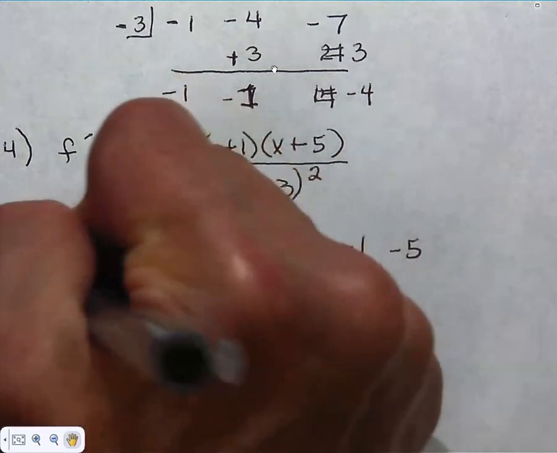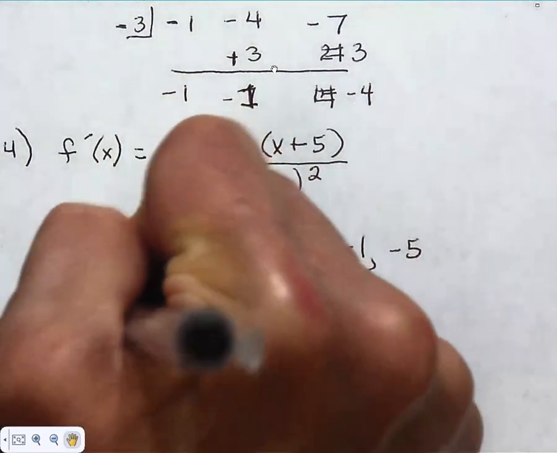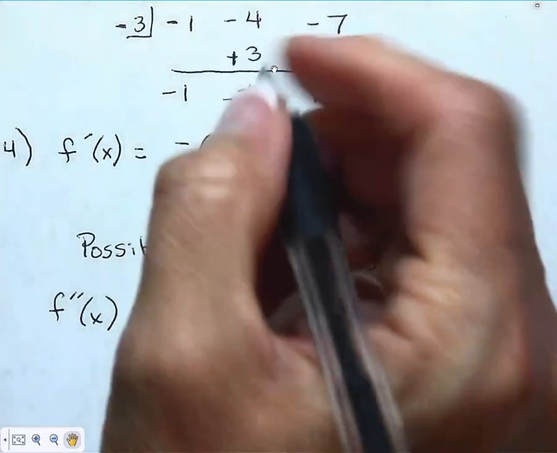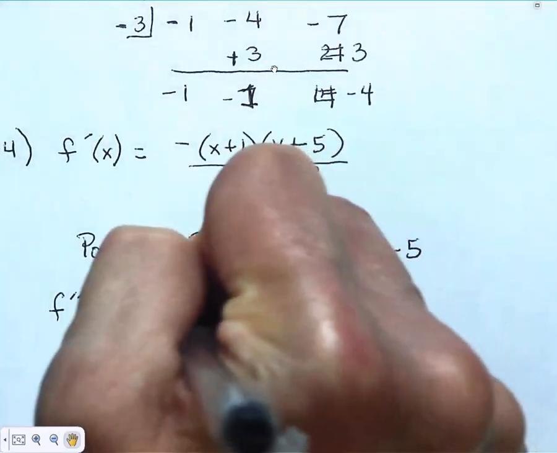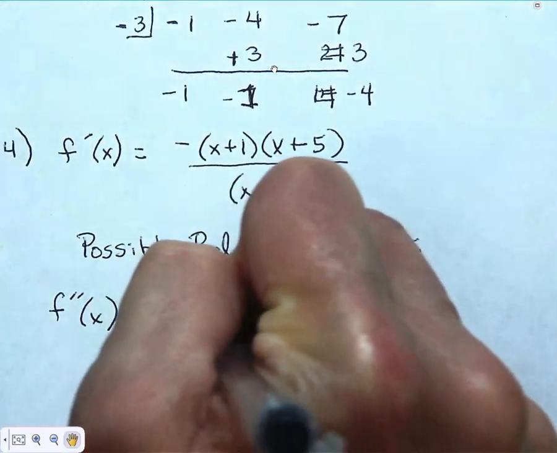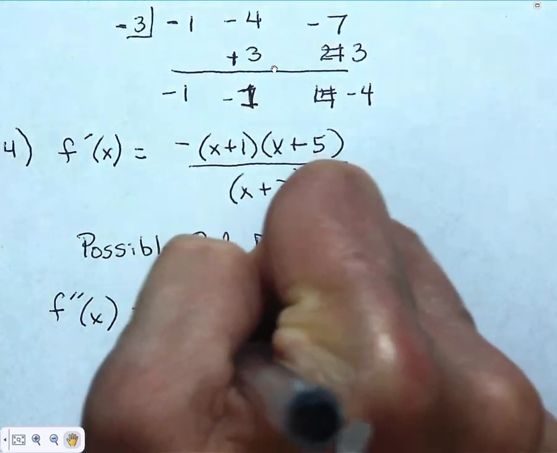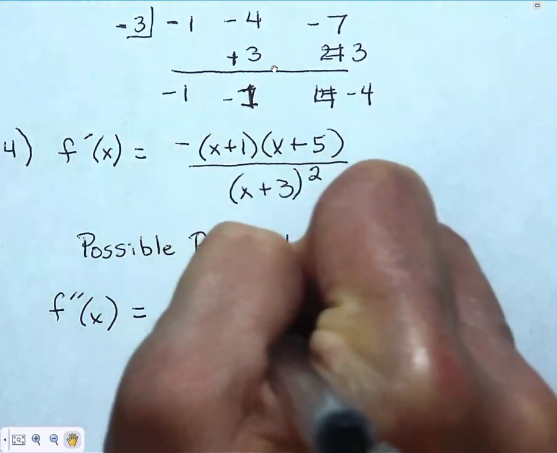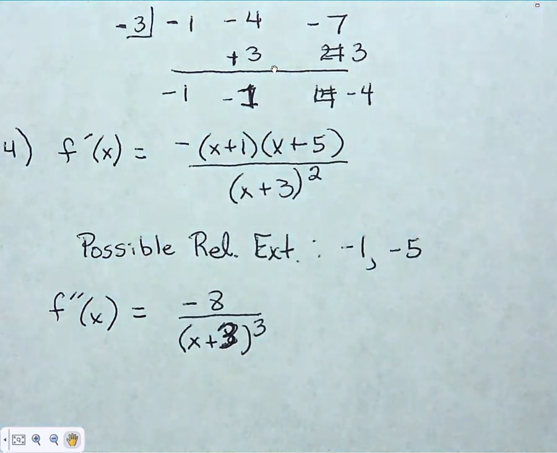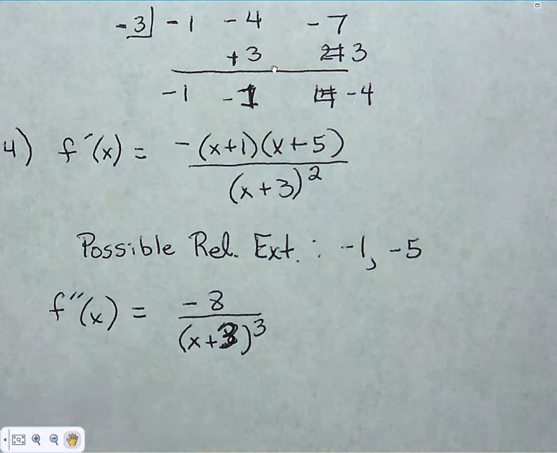And then I'm going to tell you what I got for the second derivative. -8 over x plus 3 cubed. One of those rare instances where the derivative kept getting simpler instead of uglier.